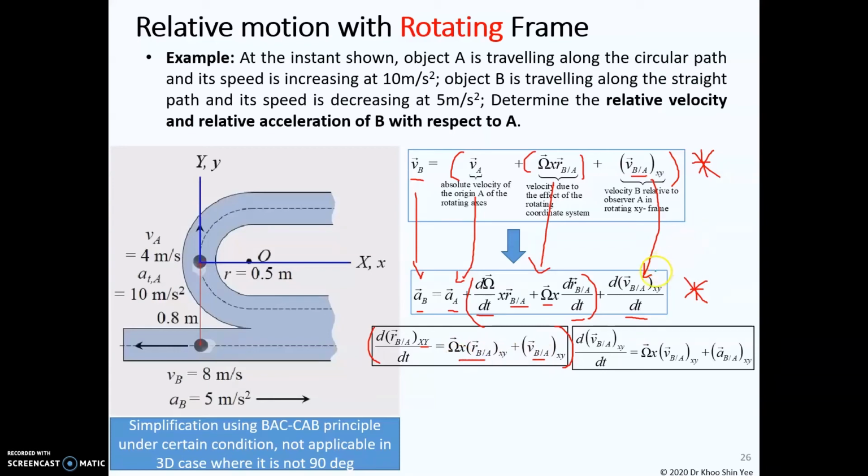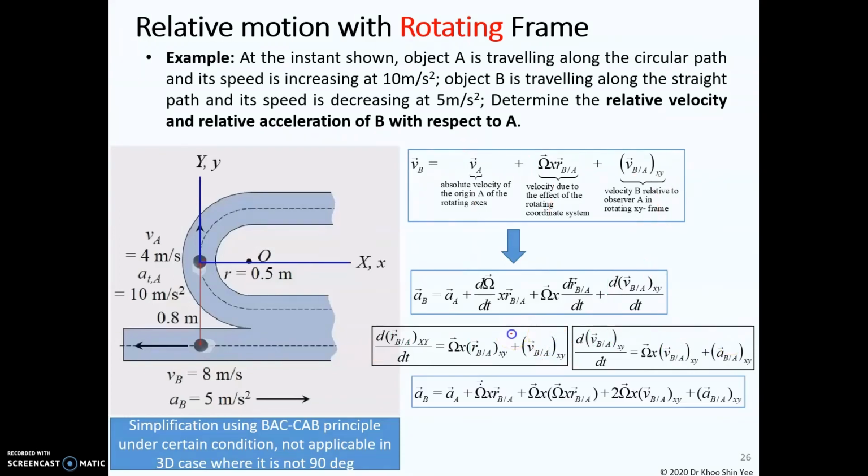By using the same approach, you can find the differentiation of the relative velocity by replacing the RB/A here with VB/A, and then replacing the VB/A with the AB/A. Substitute these two equations inside, then you should obtain this answer.